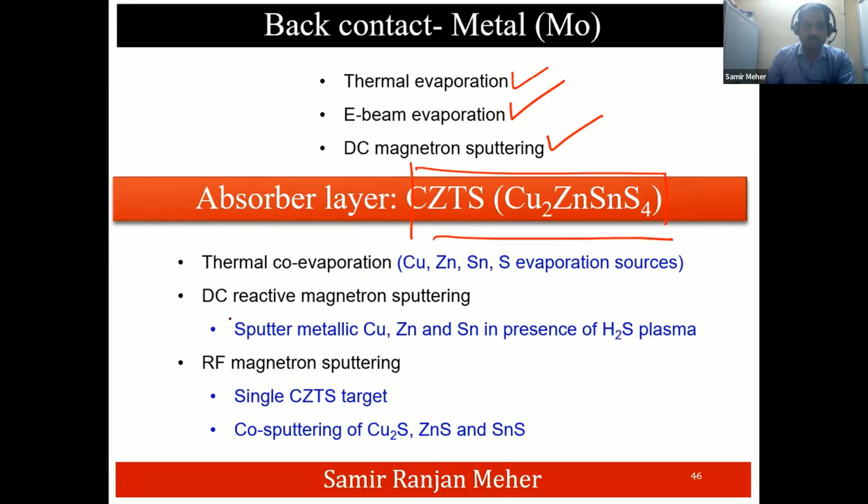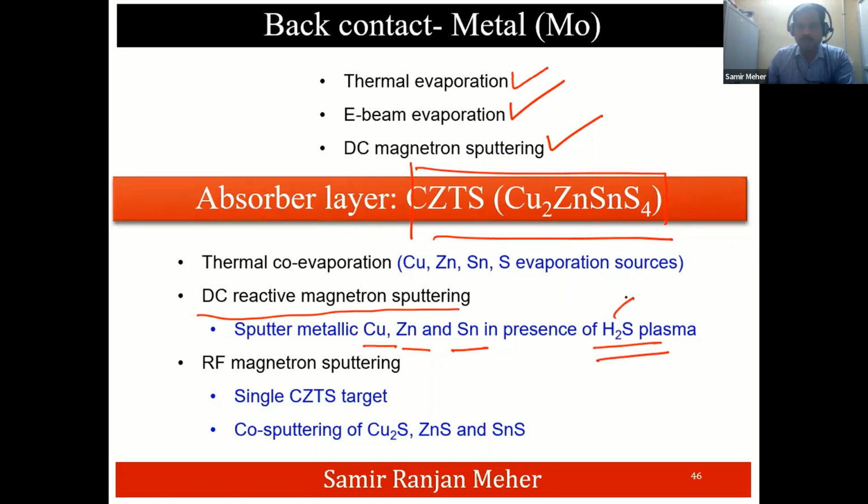The other alternative is to go for DC reactive magnetron sputtering, where we use the co-sputtering technique with three targets, copper, zinc, and tin. They are different targets connected to the DC power supply, all with magnetron sputtering. And we can sputter in the presence of an H2S plasma.